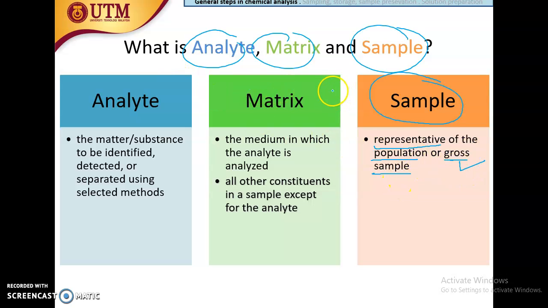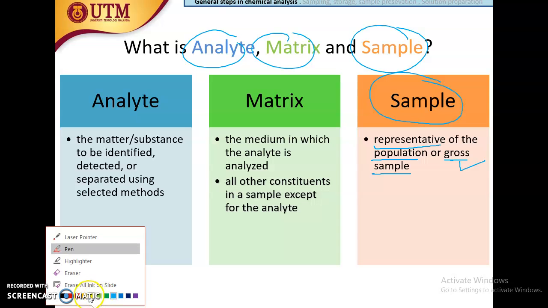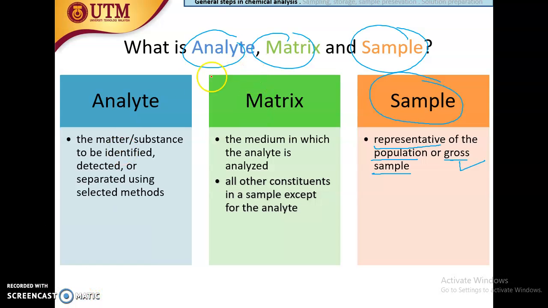And then when you have a sample, for example, a water sample, you suspect that the mercury content in the lake water is killing the fish. Therefore, mercury is your analyte.